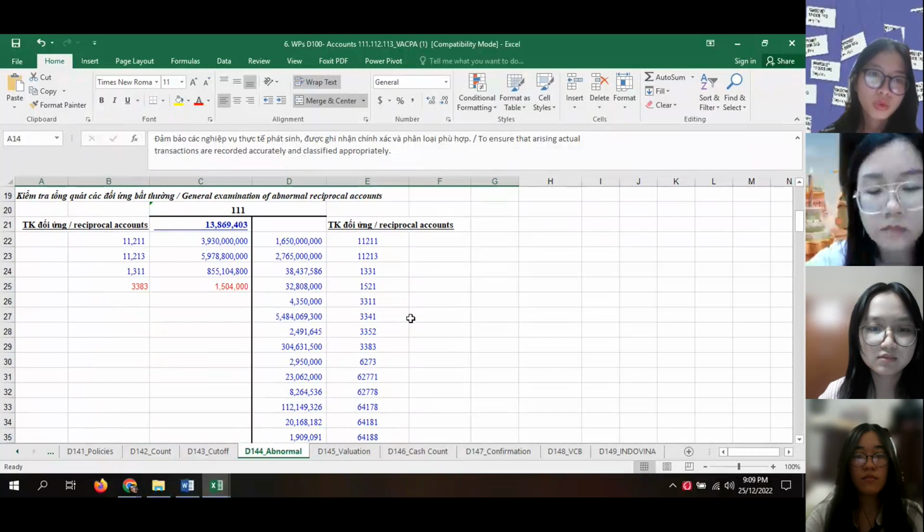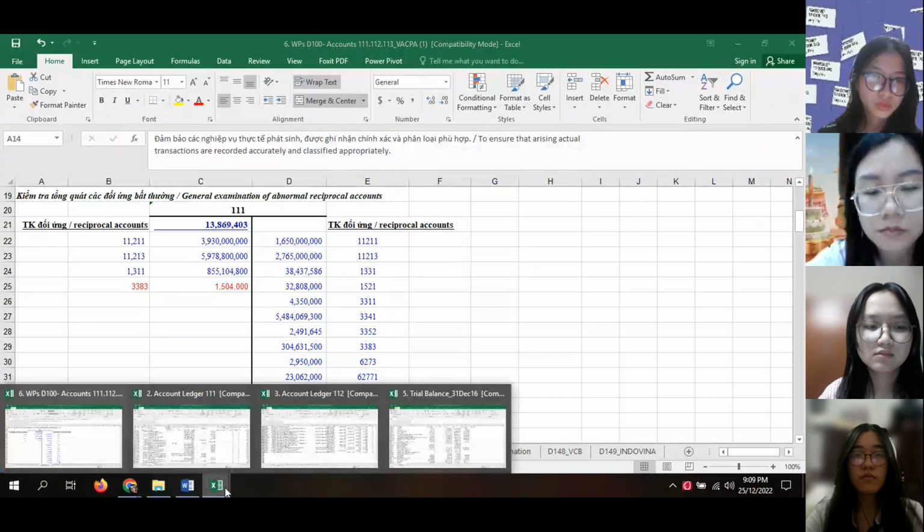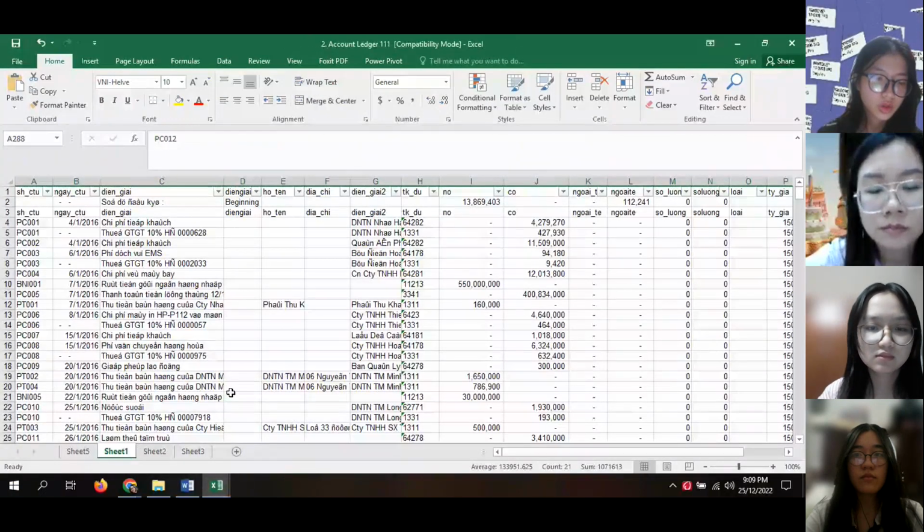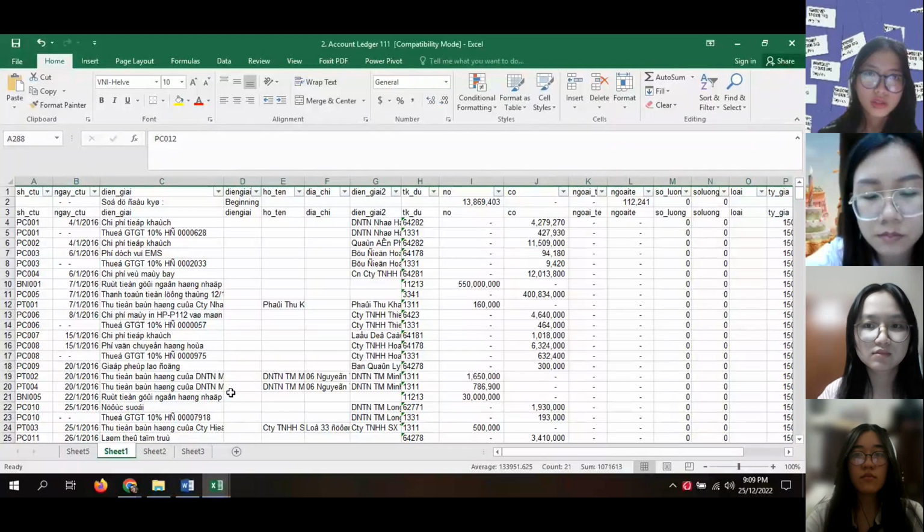First of all, we will do a thorough examination of abnormal reciprocal accounts. To do this, we still scan the subsidiary ledger to find out. And the first is account ledger 111.